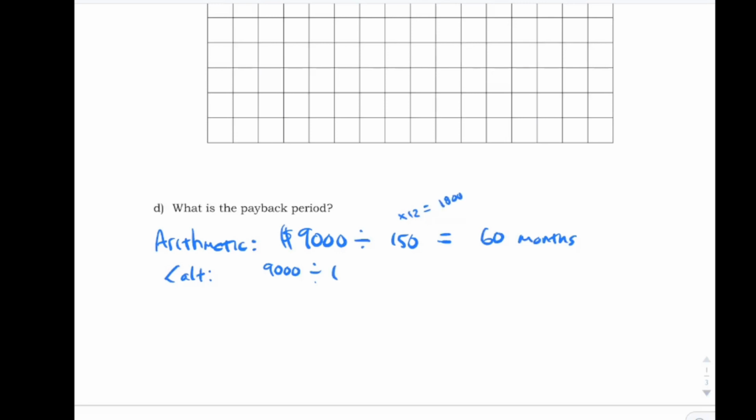So if you take 9,000 and divide by 1,800, now you're talking about years. You're saving 1,800 per year, so 9,000 divided by 1,800 means it's going to take you 5 years to get your money back. Of course, you could have also said 60 months is 5 years, divide by 12. But I wanted to show you this 1,800 number. Anyway, it's going to take 5 years.